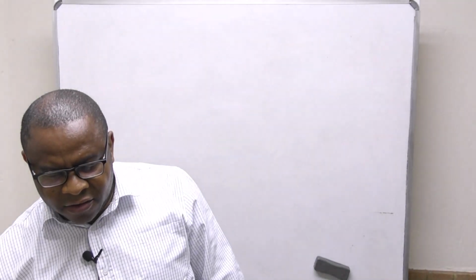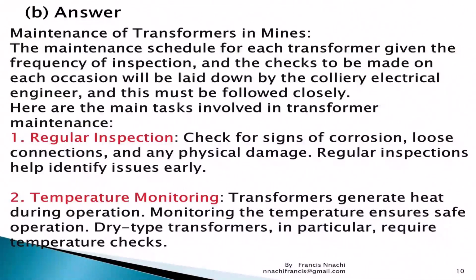Look at it. So the maintenance schedule for each transformer, given the frequency of inspection and the checks to be made on each occasion, will be laid by the colliery electrical engineer, and this must be followed closely. Okay, so now the maintenance schedule that we have to look at.